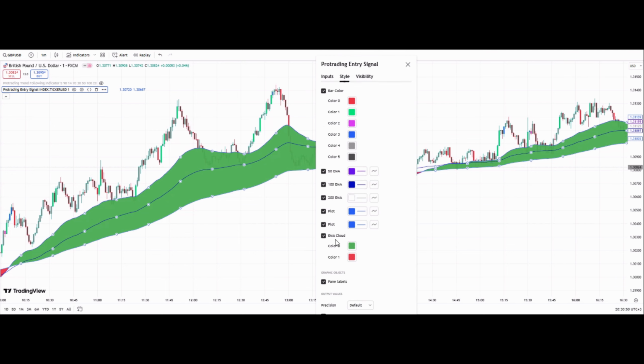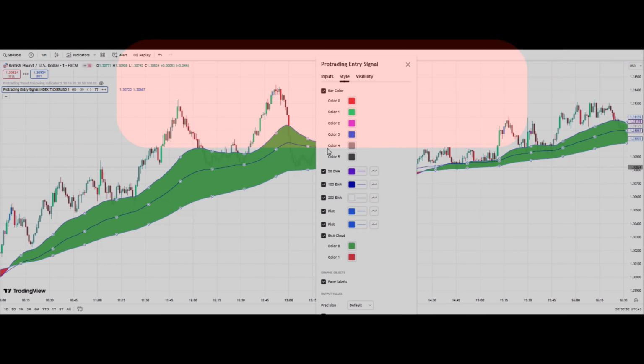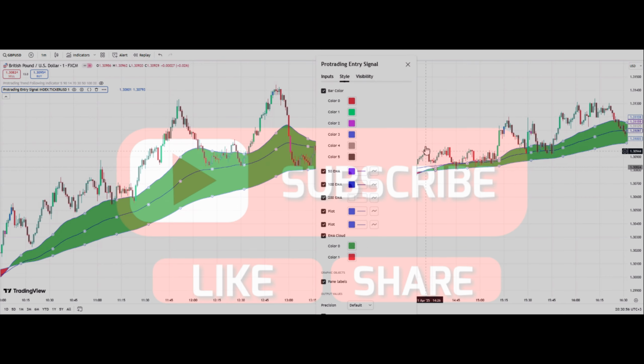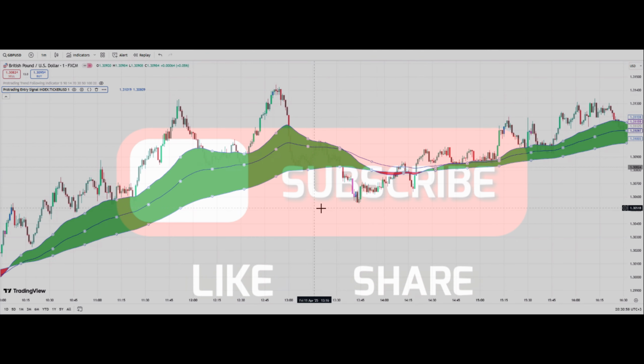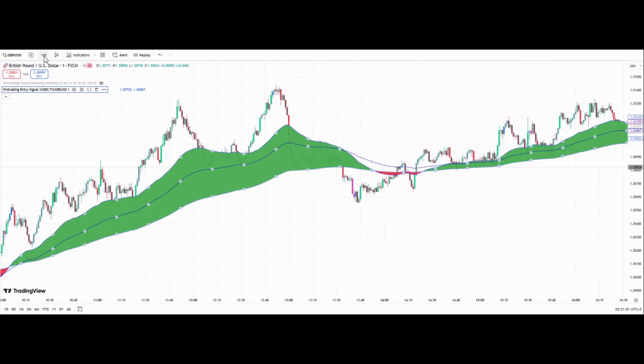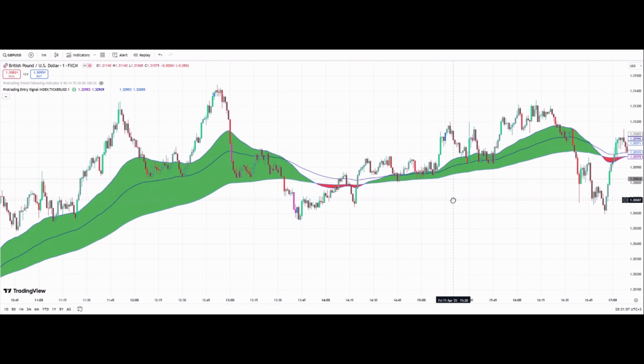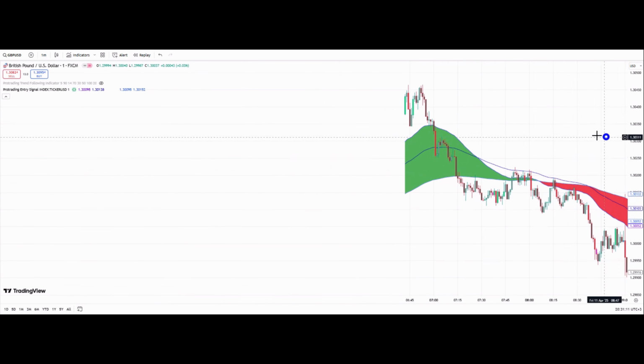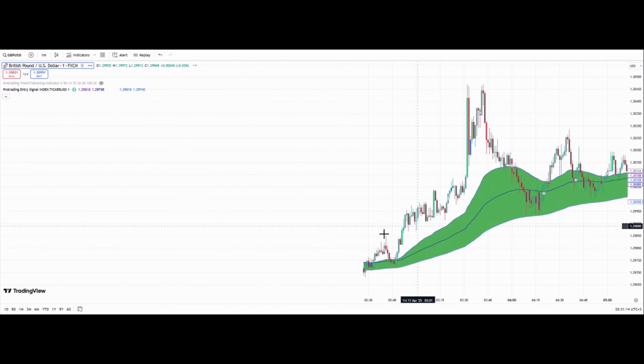And here, make sure that all the MAs are checked so that it will be easier for you to have exactly what you have here on the chart. And we are using this on the 1 minute time frame, because as I mentioned, it is a scalping strategy, so we are dealing with a very short time frame.